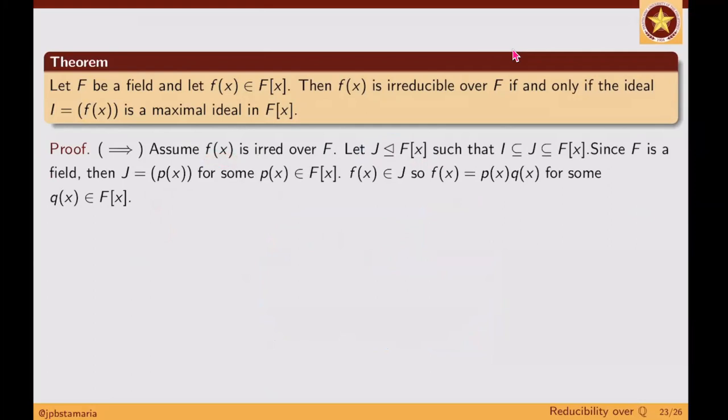Anong ibig sabihin nito? Ba't nagkaroon ng f of x is in J? Parang may nawawala dito.